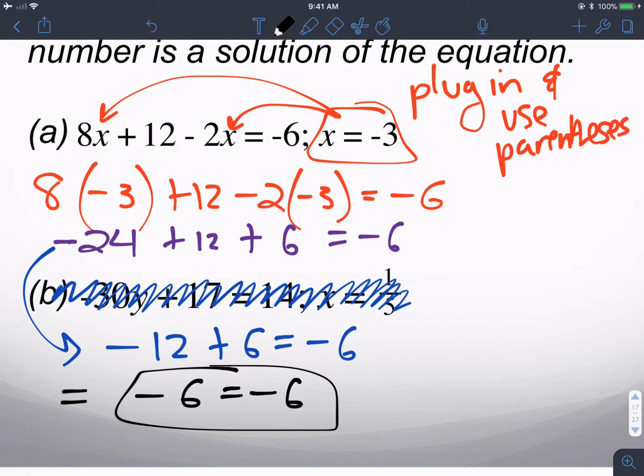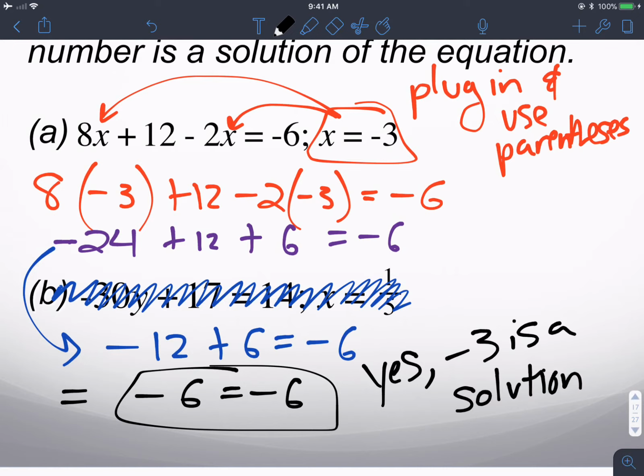True or false statement? So true. I like it. So you just plugged in negative 3 for x, right? That's right. Plug in negative 3 for x, and then evaluate. And so, yes, negative 3 is a solution. Okay, so that's what I do there.